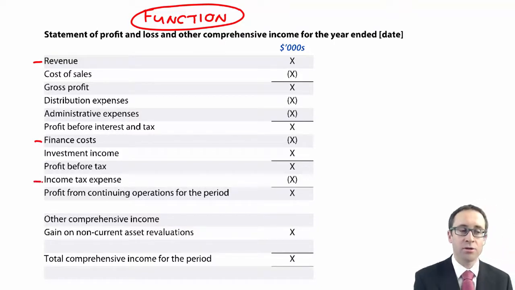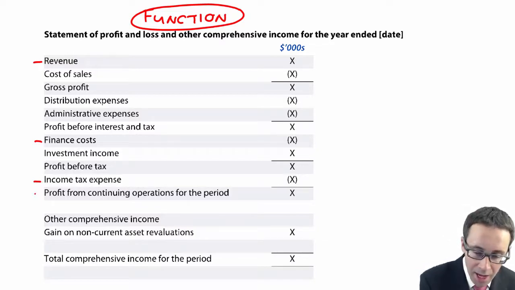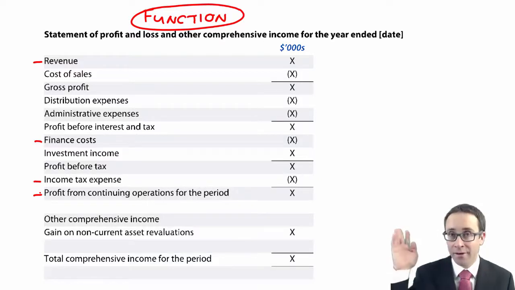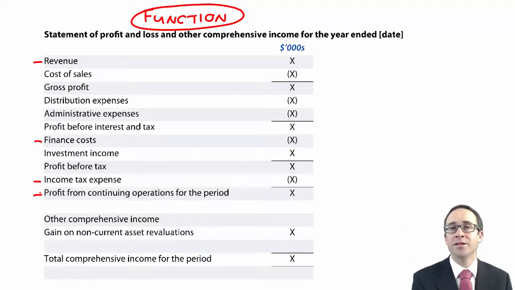What has to be disclosed is your income tax. And what has to be disclosed there is your profit for the year. The rest of the items do not have to be disclosed, but in terms of aiding the users of the accounts, it's common practice to disclose all of the expenses, whether that's by function as we have here, or by nature as you see in some businesses.